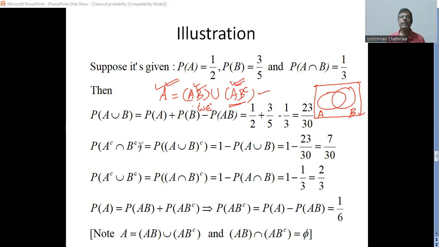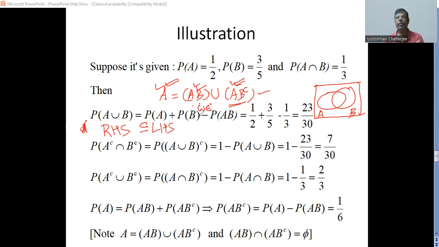So we have established that the right hand side is contained in left hand side.